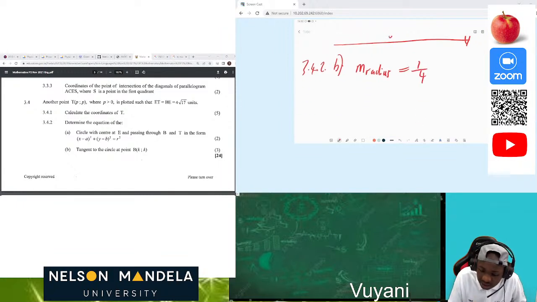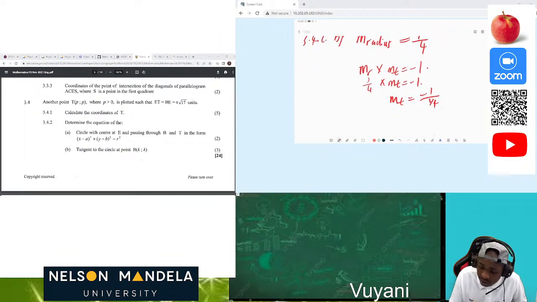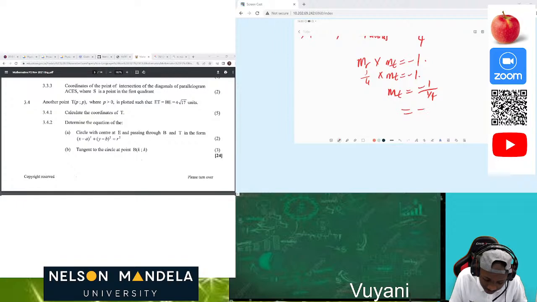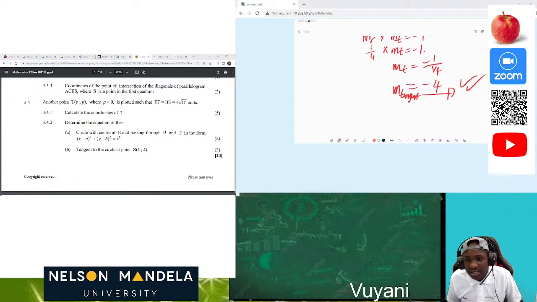As I said initially, the gradient of the radius multiplied by the gradient of the tangent is equal to -1. So 1 over 4 multiplied by the gradient of the tangent equals -1. So the gradient of the tangent will be equal to -1 divided by 1 over 4. Then we get our gradient of the tangent to be equal to -4.